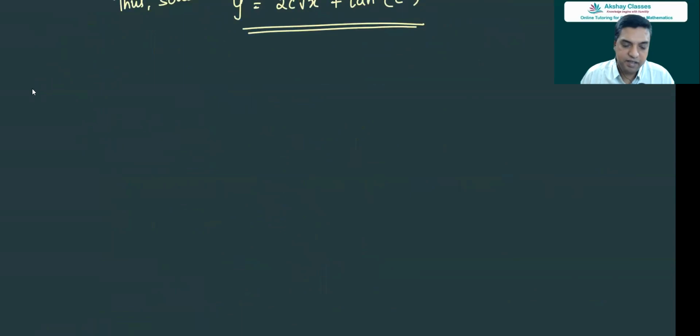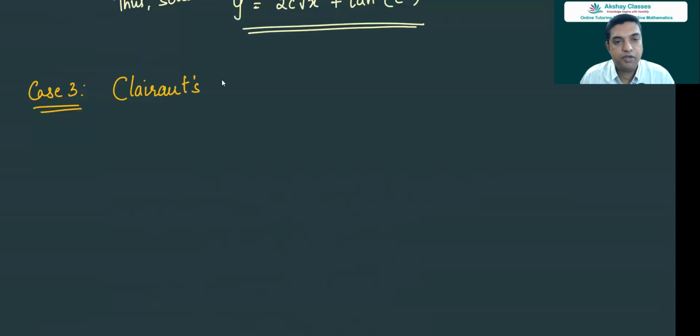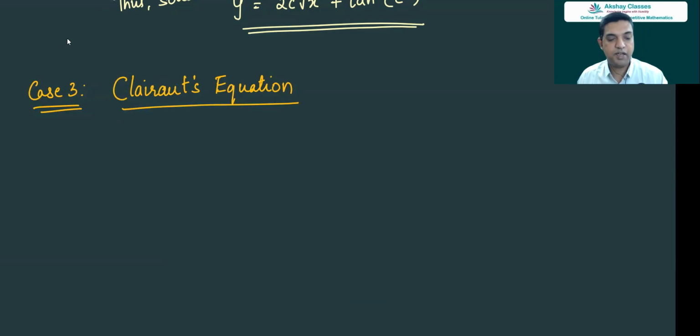Next, this is an important equation. This is something that comes, Clairaut's equation. This is something that we can expect. Even if the first one and the third one we can expect, second one seldom we get questions on it, but that's a method for understanding.